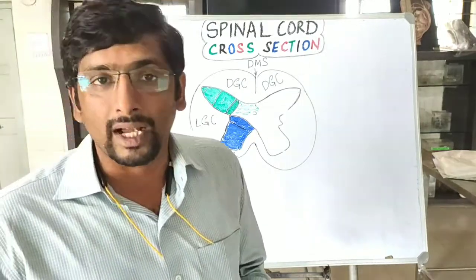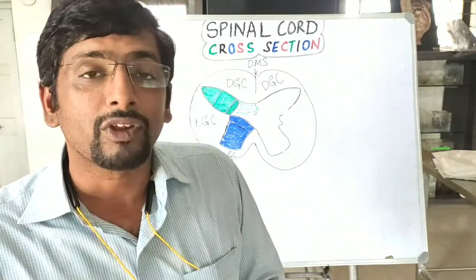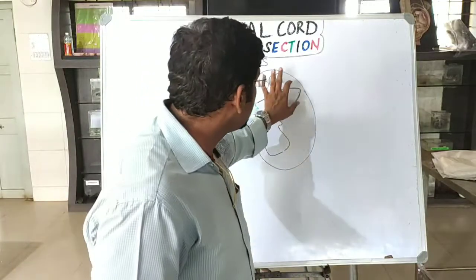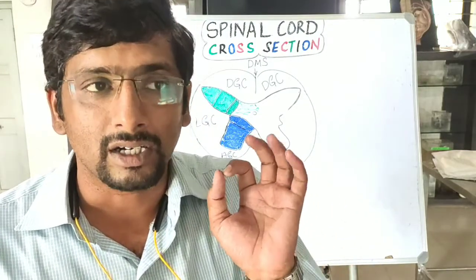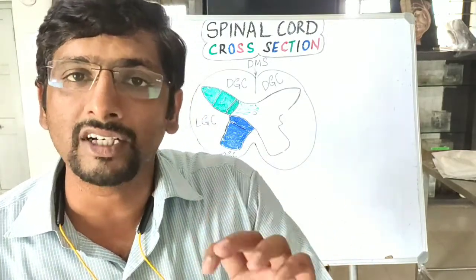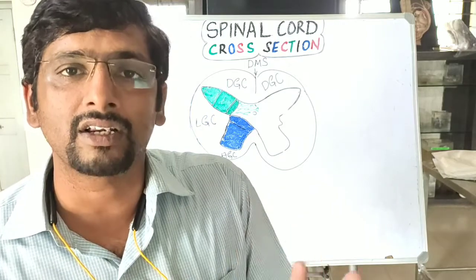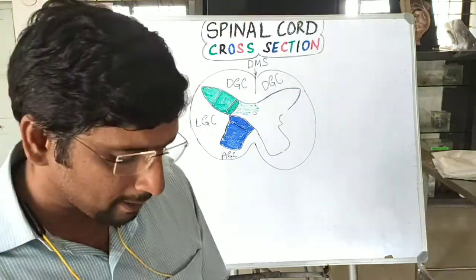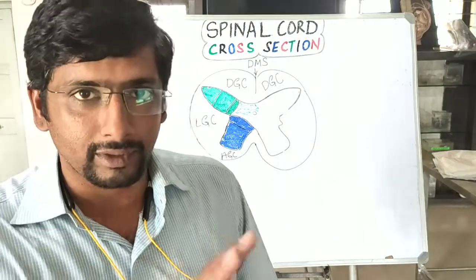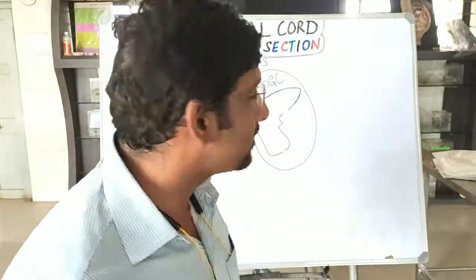Also, in the previous class we understood that in the dorsal and ventral gray horn the general visceral afferents and efferents are there, and general somatic afferents and efferents are there. I will roughly mark those places here.